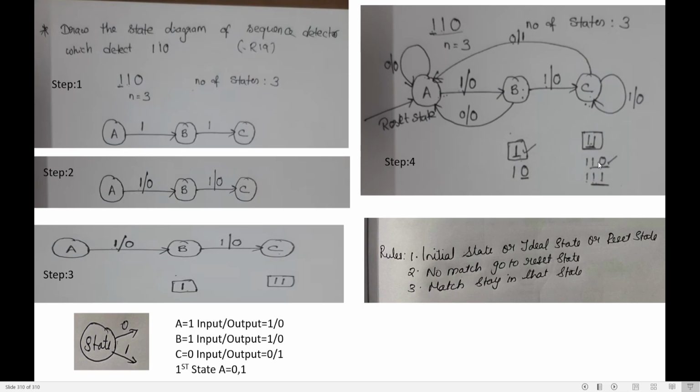So if C is 0, since there is no match, I go to the reset state. Clear? I repeat, I compare these 2 bits with the last 2 bits: 1, 1 and 1, 0. No match, so I go to reset state when C is 0.